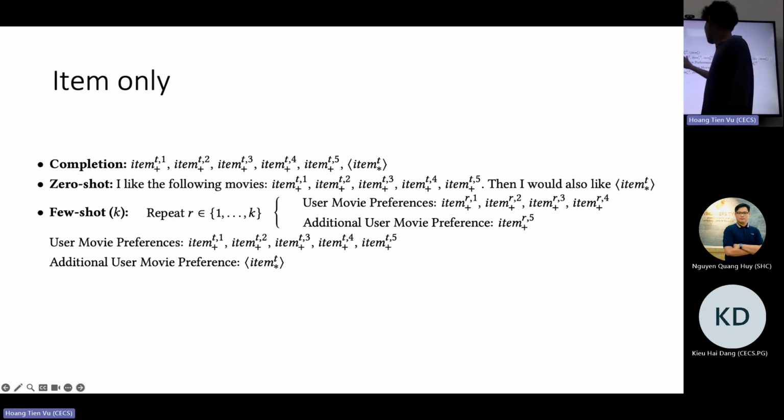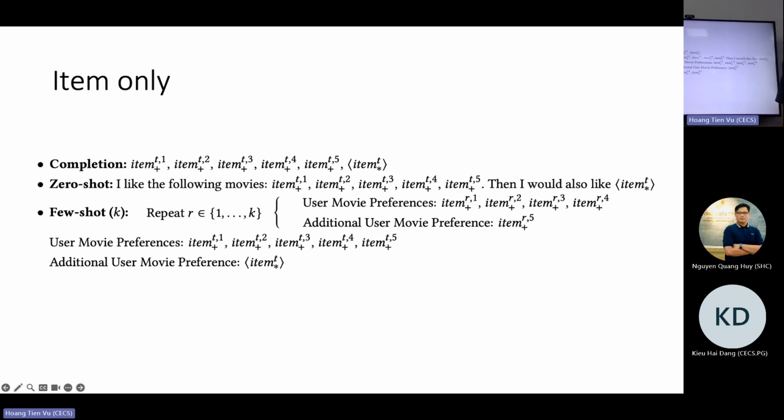But in this case, we ask some natural language tokens, and the output of the model is that the user will also like this item. I think there are three kinds of input for LLMs: completion, zero shot and few shot, right?